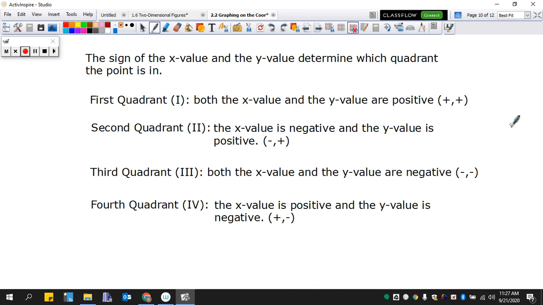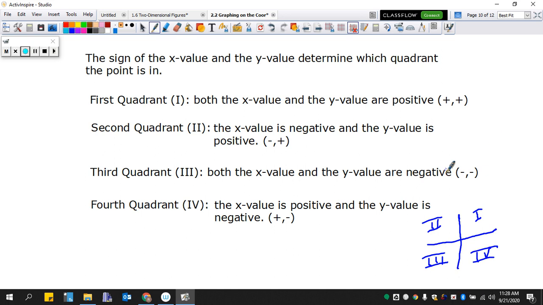If you look at quadrant 3, rather than flipping back and forth, I can just draw a real quick one. So this is 1, this is 2, this is 3, and this is 4. Okay, so if we're looking at quadrant 3, your x values are going to be negative and your y values are going to be negative.